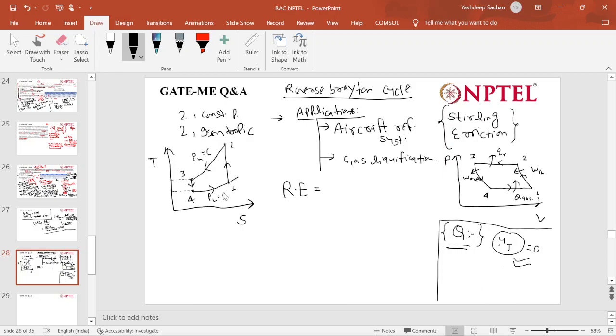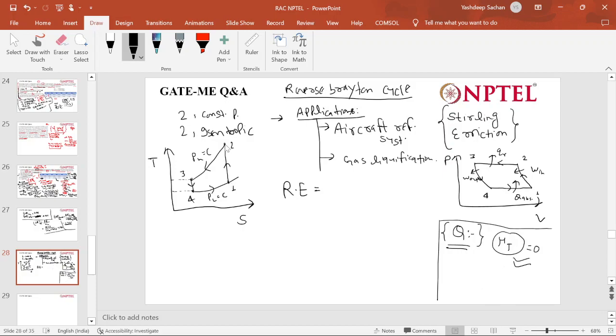I am running a bit fast because it is same as the VCRS. Please repeat the naming once, sir. Okay. What is the 4 at the VCRS? Entry to evaporator. Entry to evaporator is same. 1 is also same, exit of evaporator and entry to the compressor in both cycles, right?